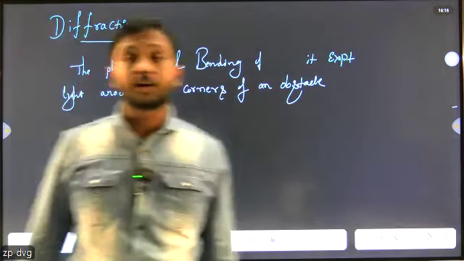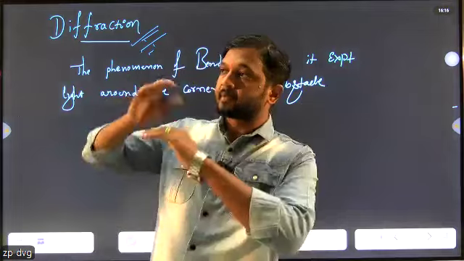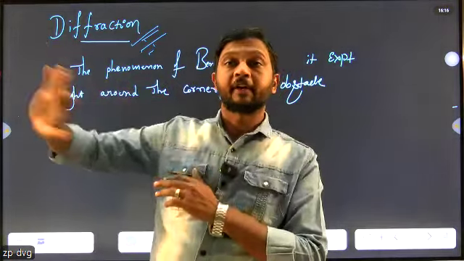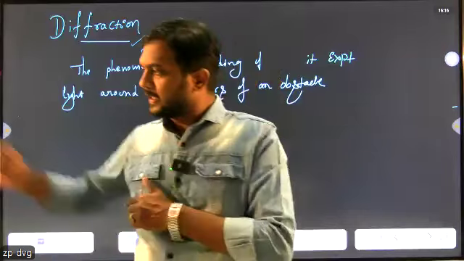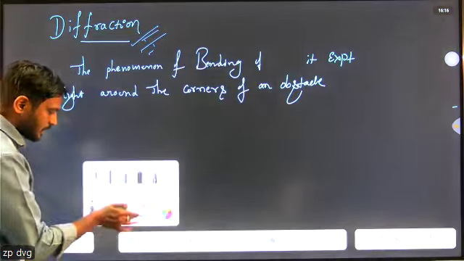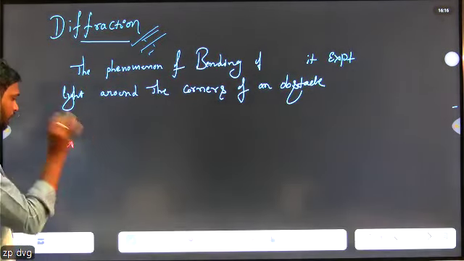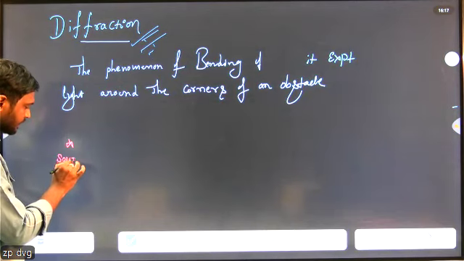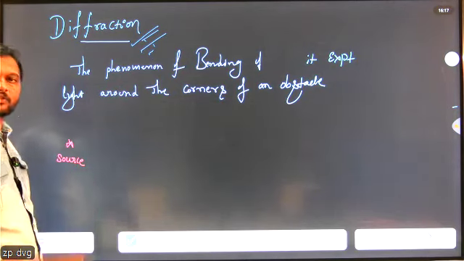Obstacle means something that prevents, a barrier, as we say. Light enters from, for example, a source. This is a small diagram. This source produces light in the surroundings.